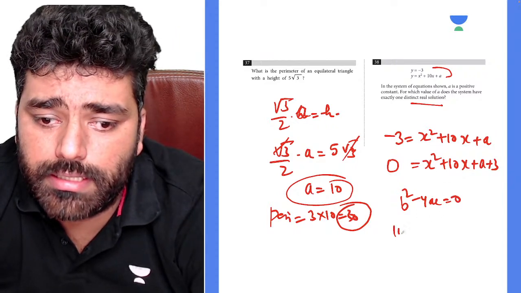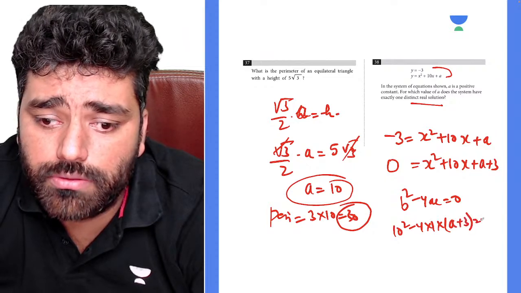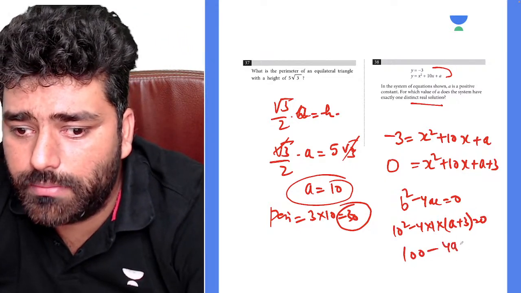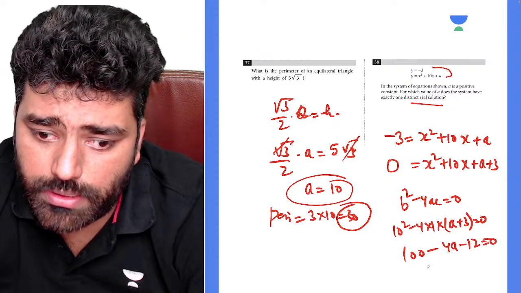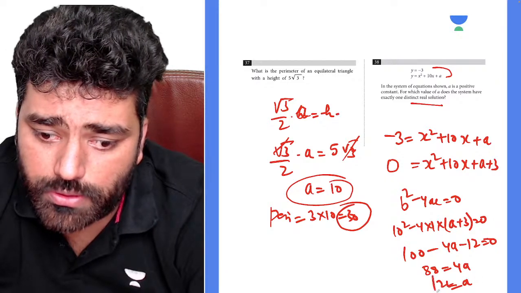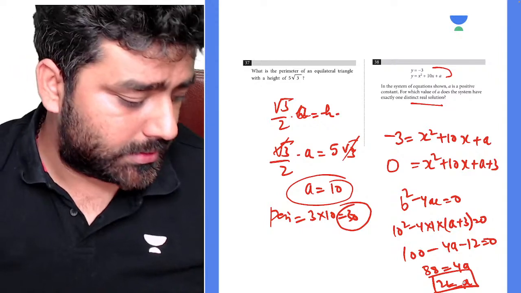So b is 10, square, minus 4 times a is 1, and the c is a plus 3 is equal to 0. So 100 minus 4a minus 12 is equal to 0, right? So this is going to be 88 is equal to 4a, so a is going to be 22, right guys?